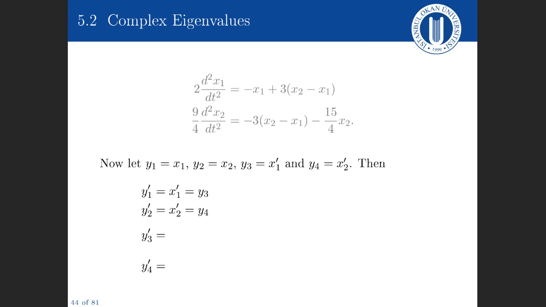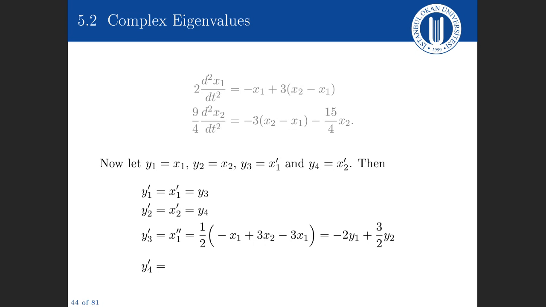y3 prime, differentiate this, that's x1 double prime. And from the equation at the top, that's a half minus x1 plus 3x2 minus 3x1, or that simplifies to minus 2y1 plus 3 over 2 y2.